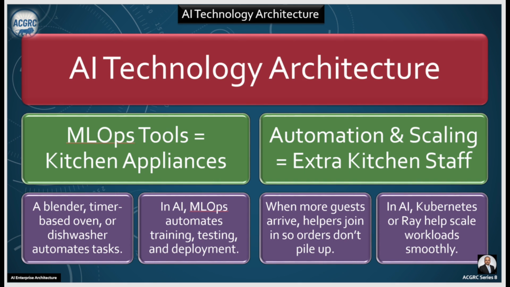The equivalent in the kitchen analogy is the blender or a timer-based oven or a dishwasher, which automates the task. From an automation and scaling perspective, in AI, Kubernetes or Ray helps scale the workloads smoothly. Like when more guests arrive, helpers join in so orders don't pile up.